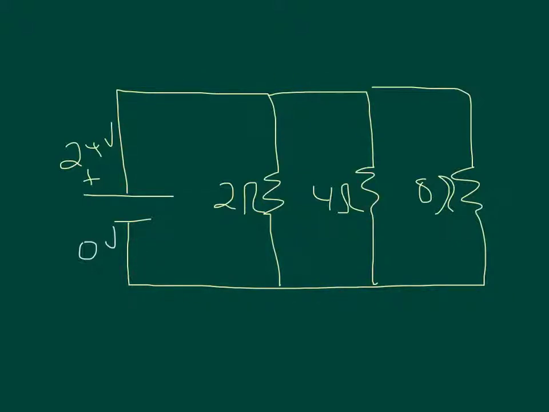So all of these see the same voltage. 24 volts for that. 24 volts for that. And 24 volts for that. The voltage drops are the same across each branch because they can get back to their home tired and out of voltage.